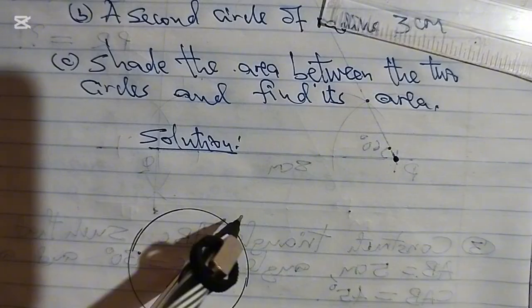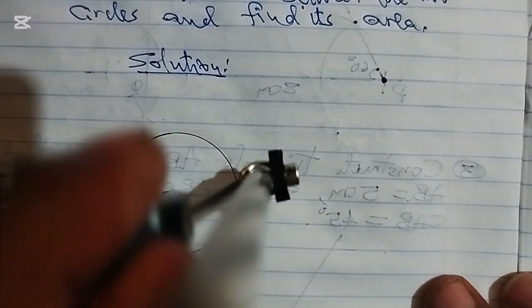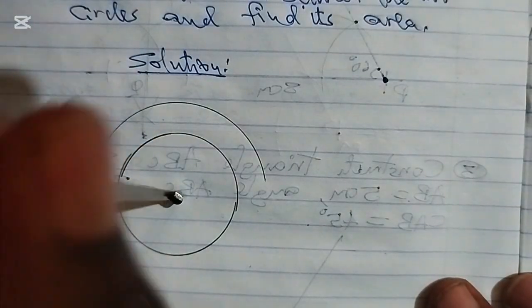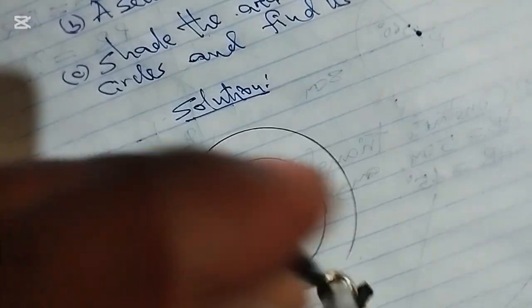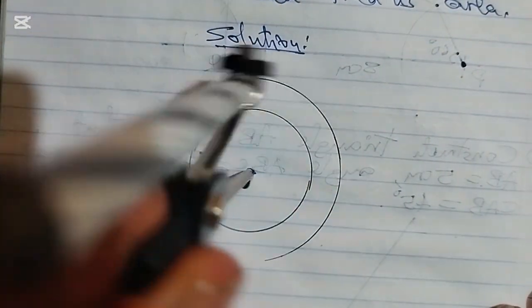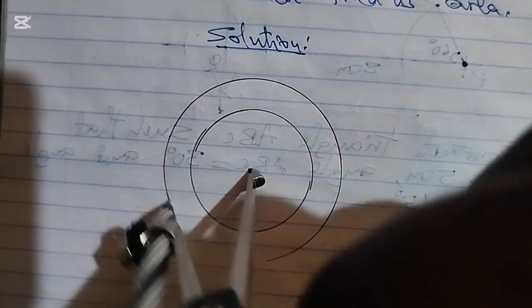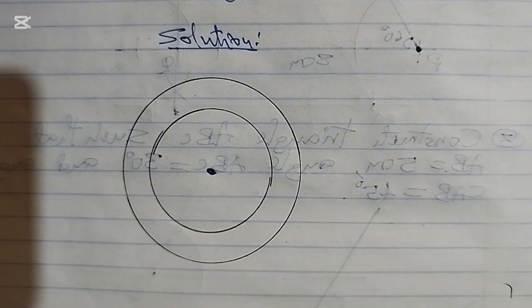Again, I go back to O as my center, then I draw my circle. That is my other circle.